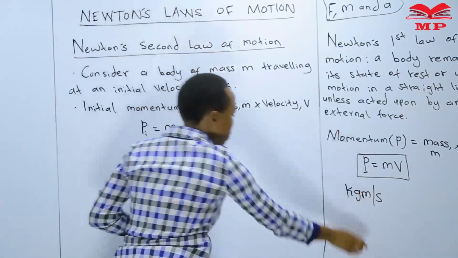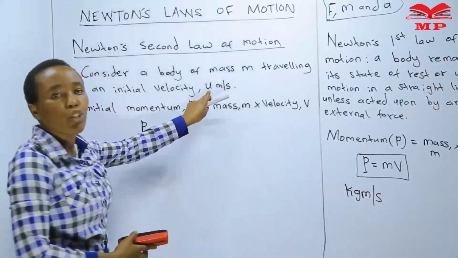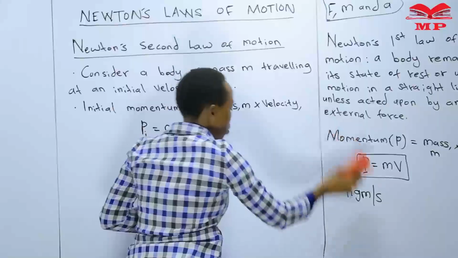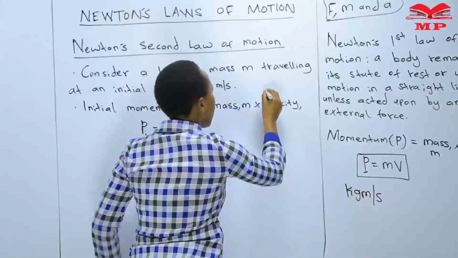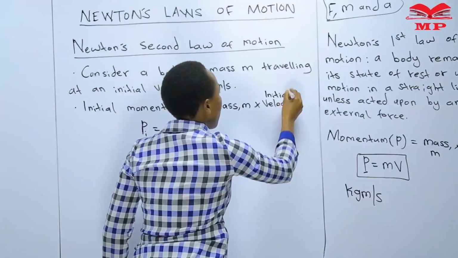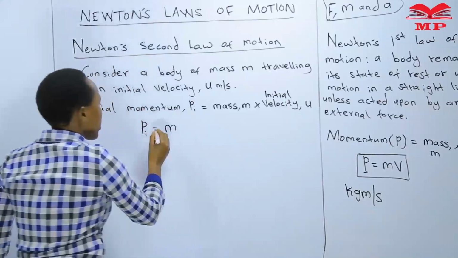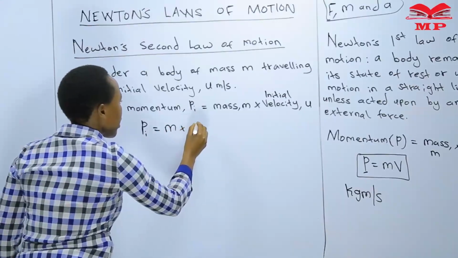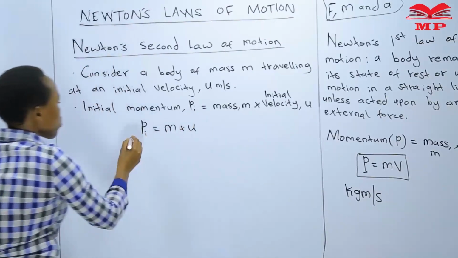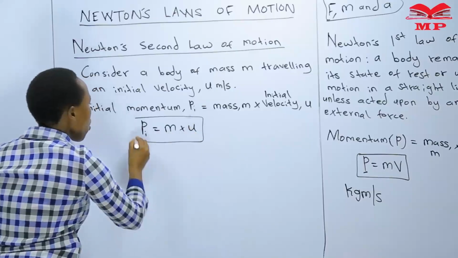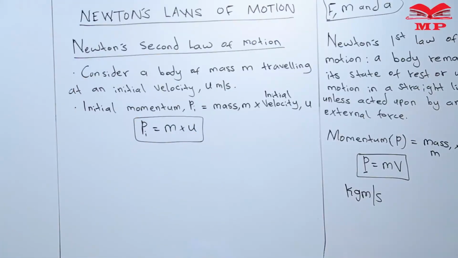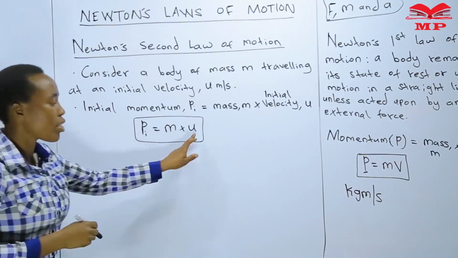Here it is not v because we are talking of the initial velocity u. So the initial momentum is mass multiplied by the initial velocity u.